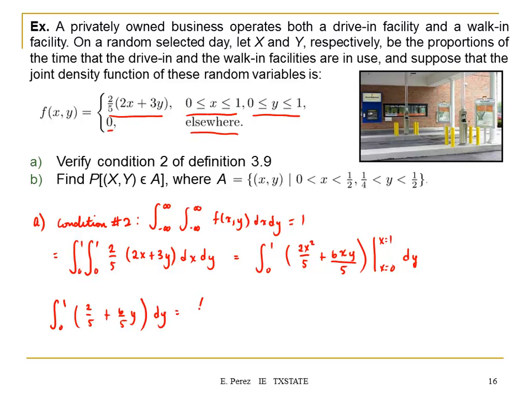So this will become 2y divided by 5 plus 3y squared divided by 5, evaluated from 0 to 1. And when you solve this, this equals 2 over 5 plus 3 over 5, which equals 1. So our joint density function satisfies the second condition for a joint density function based on our definition, because that integration with respect to your limits equals 1.